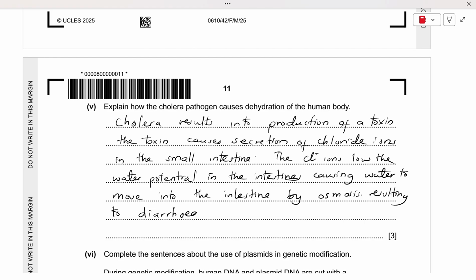So this is what is happening: toxin causes chloride ions, which results in movement of water, which results in diarrhea, which causes dehydration at the end of the day.